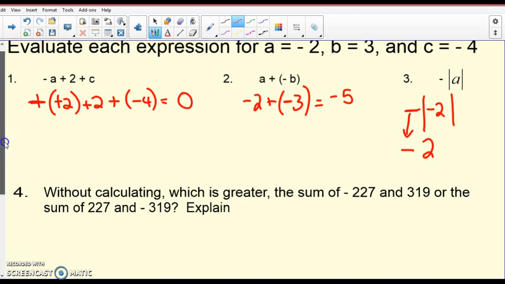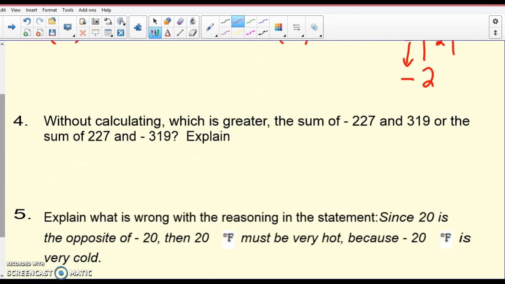All right, let's look at this one. Without calculating, which is greater? The sum of negative 227 and 319, or the sum of 227 and negative 319. Which one's going to be greater? Paige. Why?